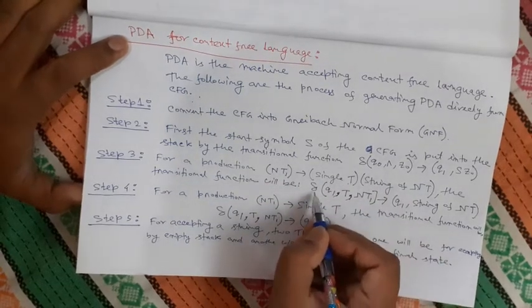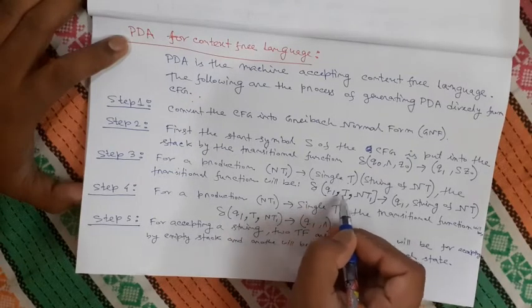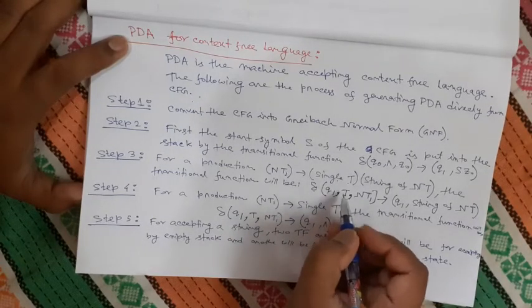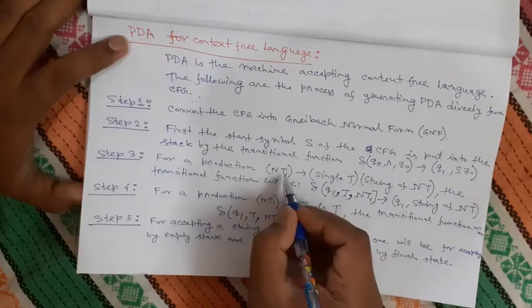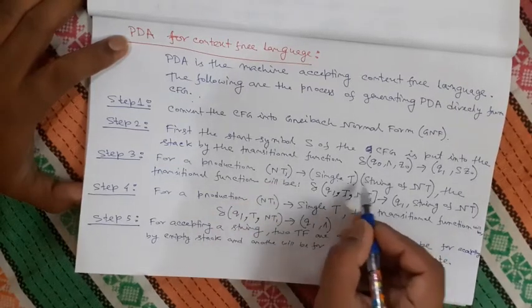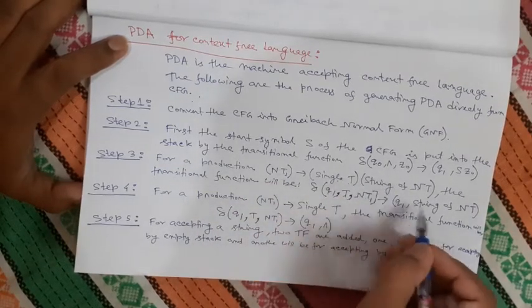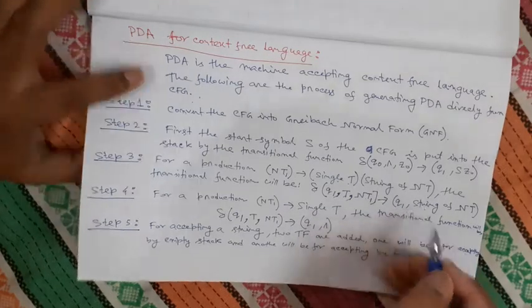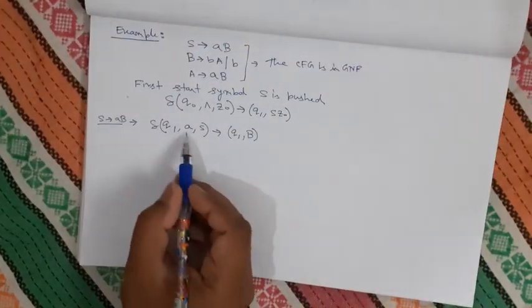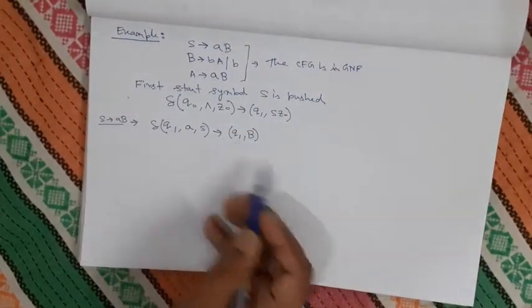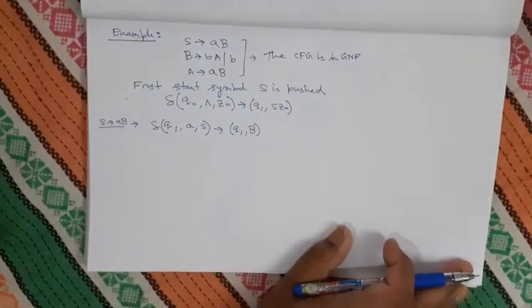So it will be delta of q1, terminal symbol a, NT1 means S, and it was aB, so B will be here, q1 comma B.